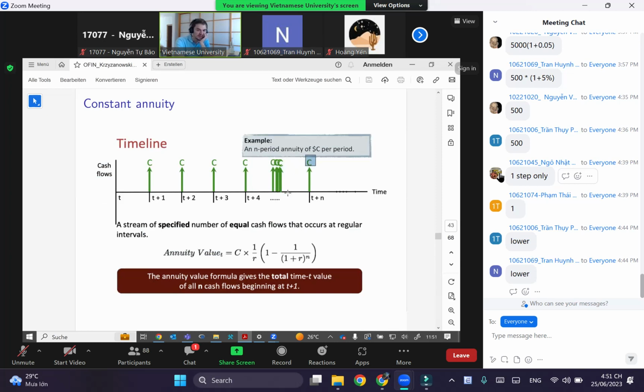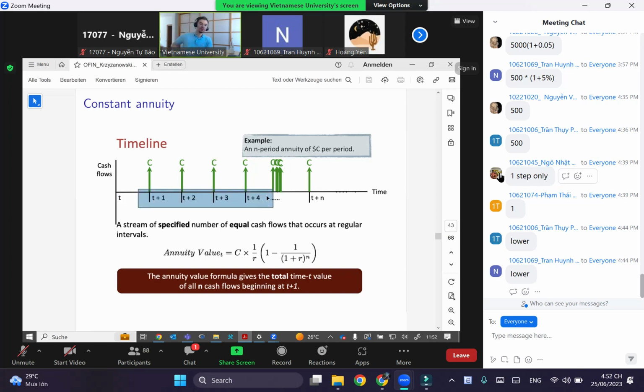Given that there is an interest rate, which I didn't specify numerically, but suppose you have one interest rate r, and I'm asking you to calculate the time t value where from time t plus 1 onwards, you receive these constant payments.